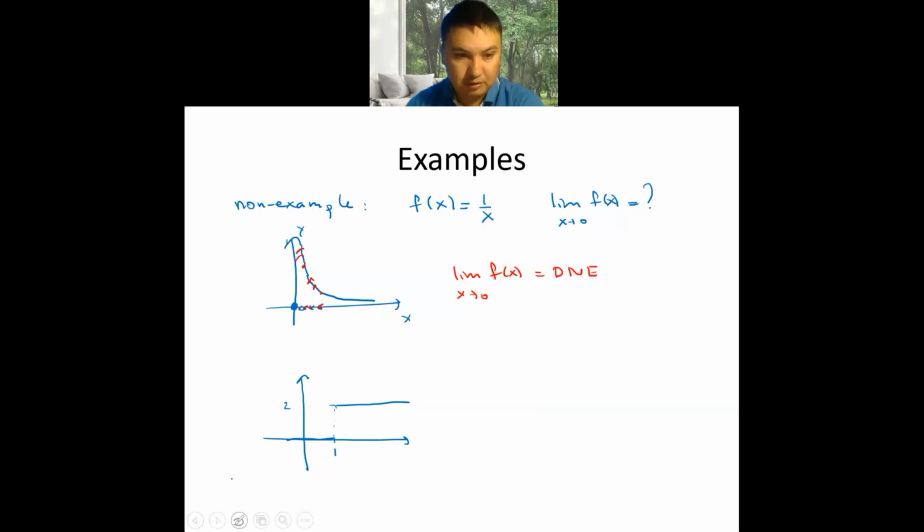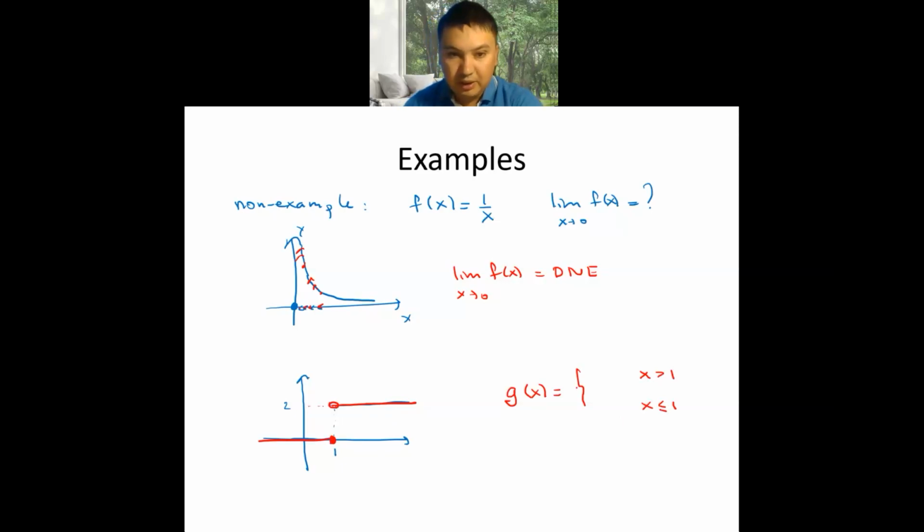This is the graph. Let's say that here it's open. Let's describe this function, let's call it g, so g of x. It has different behavior when x is bigger than 1 and when x is less than 1. Because I included less than or equal to 1 here, I make this equality here.